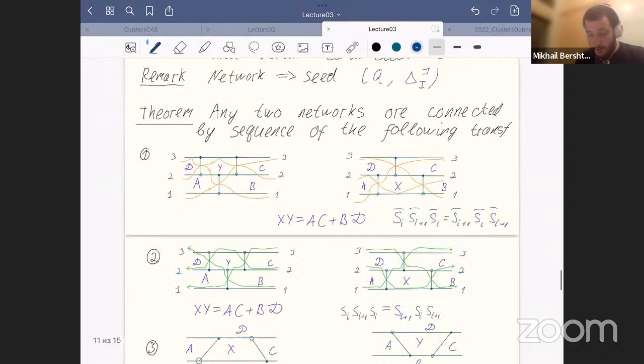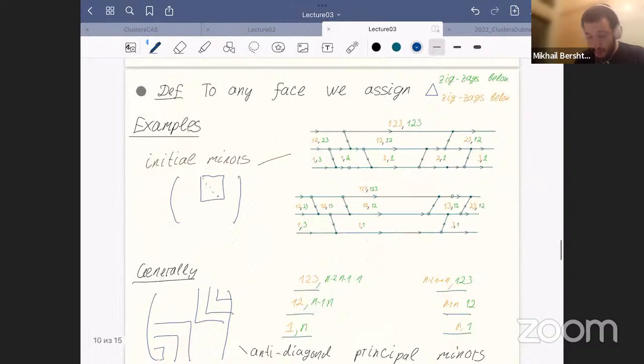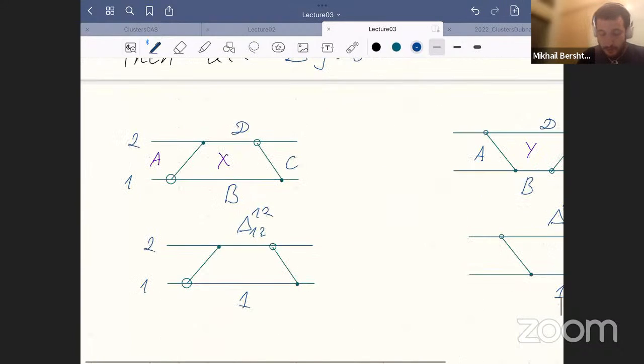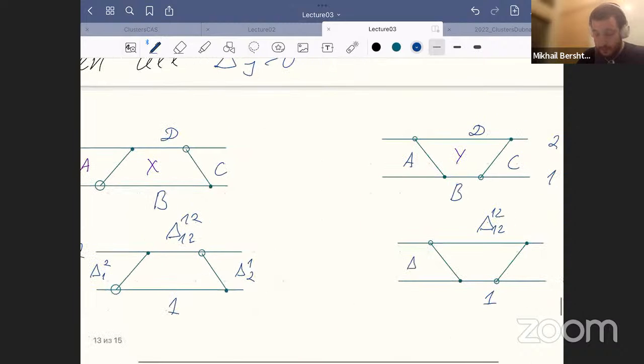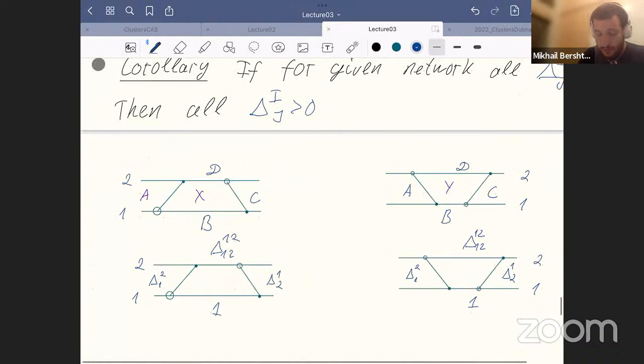And on the left, what's my convention? Delta 1, 2, here delta 1, 2, again delta. And in the middle, I need to recheck, but in one case we should have delta 1, 1, and in another case delta 2, 2.